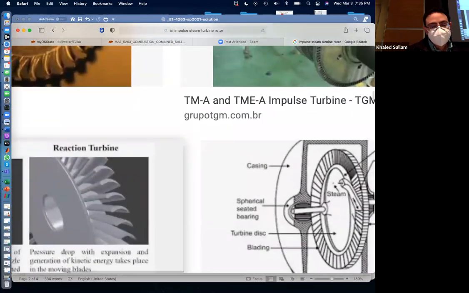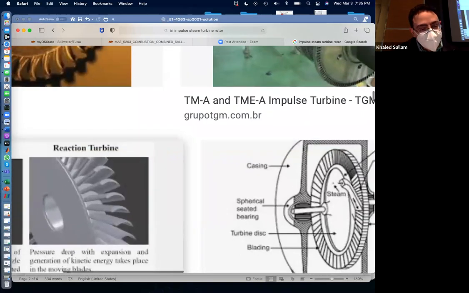Impulse or reaction turbine? It's a reaction, but when I look at the shape of the plate, it's not tilted that much, right?